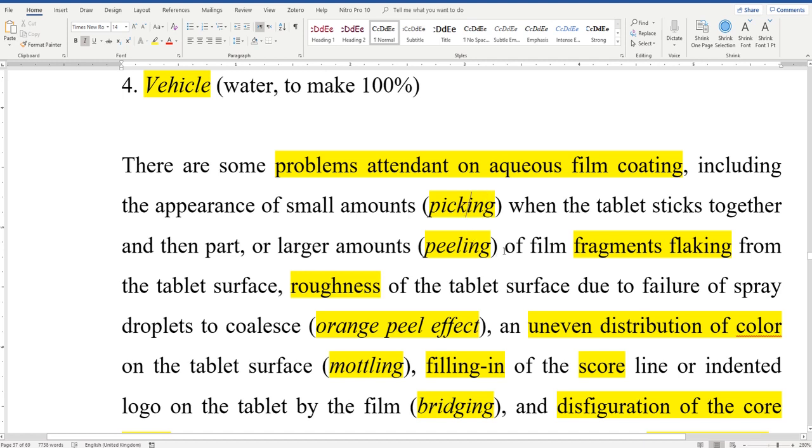Peeling is when there are fragments flaking from the tablet surface. Orange peel effect is roughness of the tablet surface due to failure of the spray droplets to coalesce. What is uneven distribution of color on the surface of the tablet? We call it mottling.